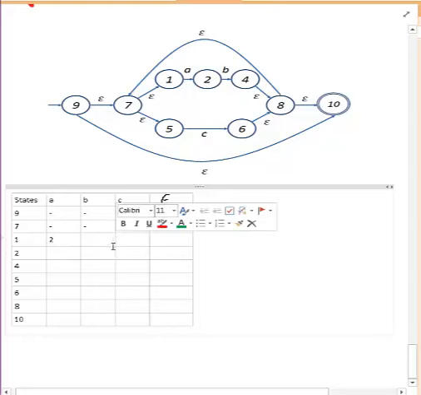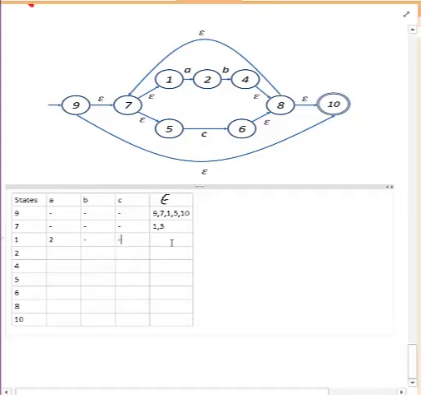The rest I go nowhere, and there is no epsilon move. On 2, on taking input A I go nowhere, and on input B I go to 4. There is no transition on C and no epsilon moves.